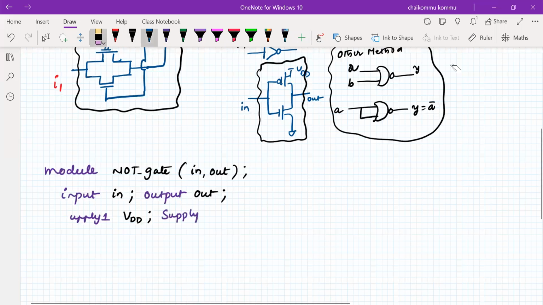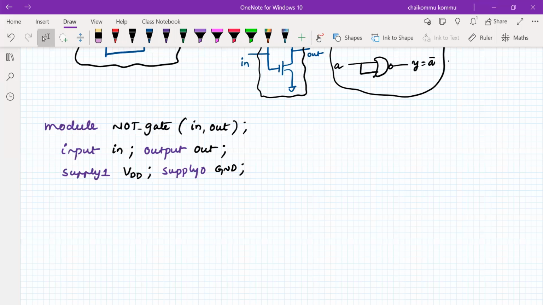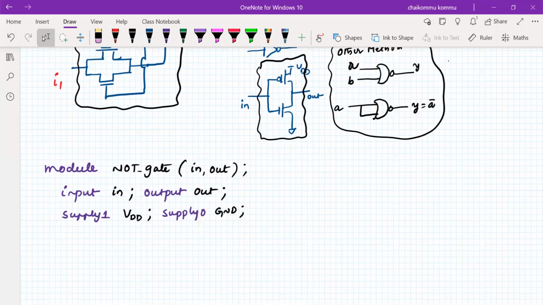Don't think that this is an uppercase letter. This is also a lowercase letter, supply0, and this is called ground, GND, that I'm using. These are the additional things that we write in the case of switch level modeling.